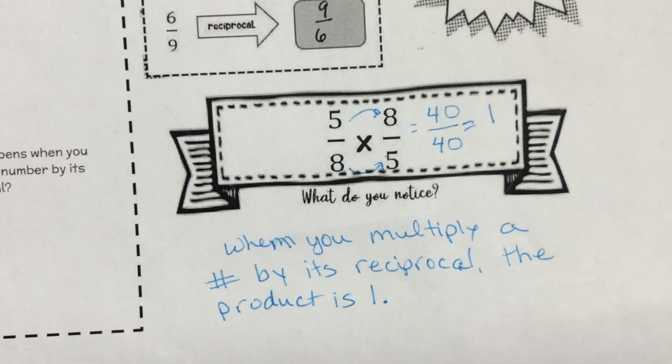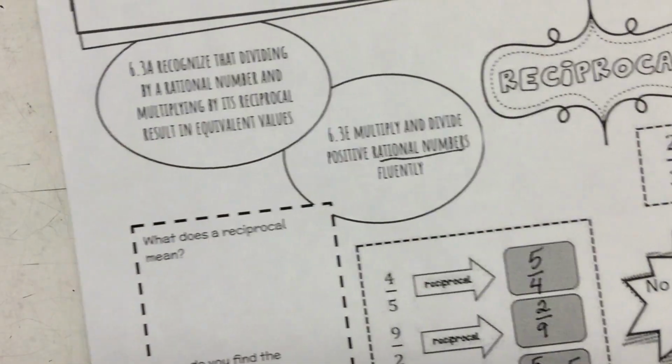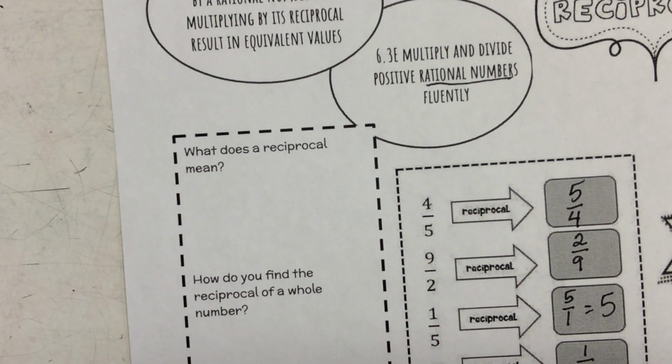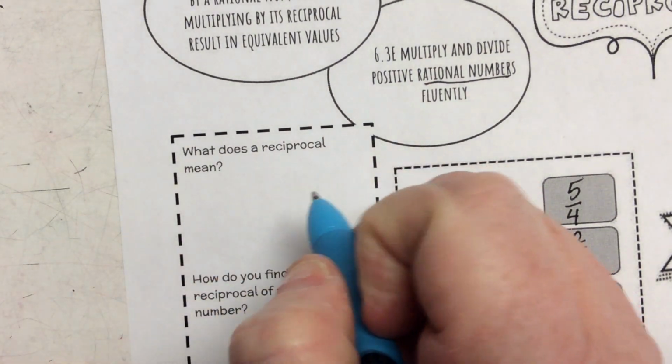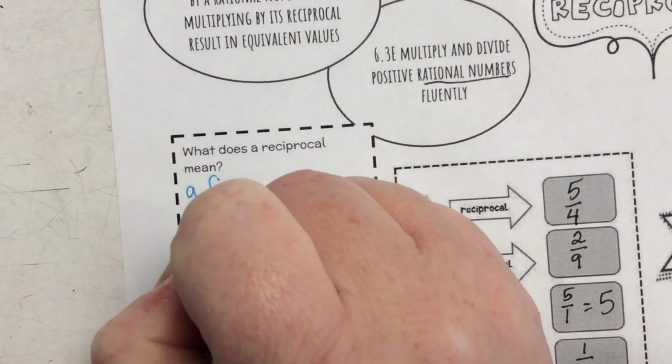All right. Now let's go over here to our questions and talk through them for a second, okay? What does reciprocal mean? Well, a reciprocal is basically a fraction flipped upside down, and that's okay to call it that for now. We'll get into a better understanding of it as we go through this in class, okay?